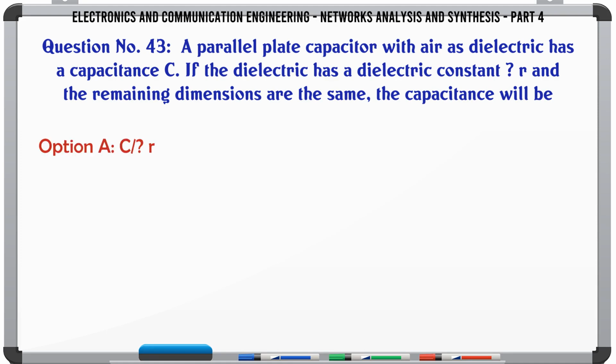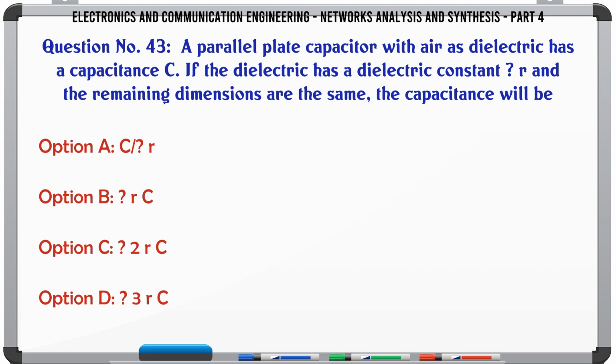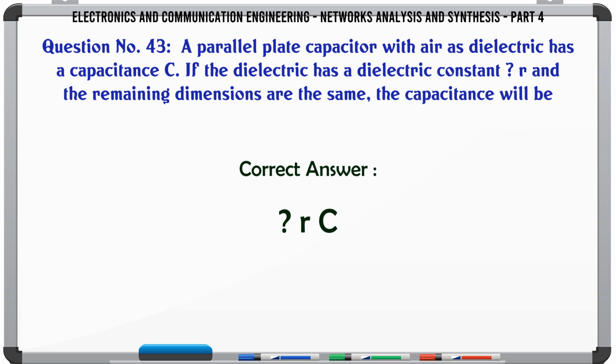A parallel plate capacitor with air as dielectric has a capacitance C. If the dielectric has a dielectric constant R and the remaining dimensions are the same, the capacitance will be A C/R, B RC, C 2RC, D 3RC. The correct answer is RC.